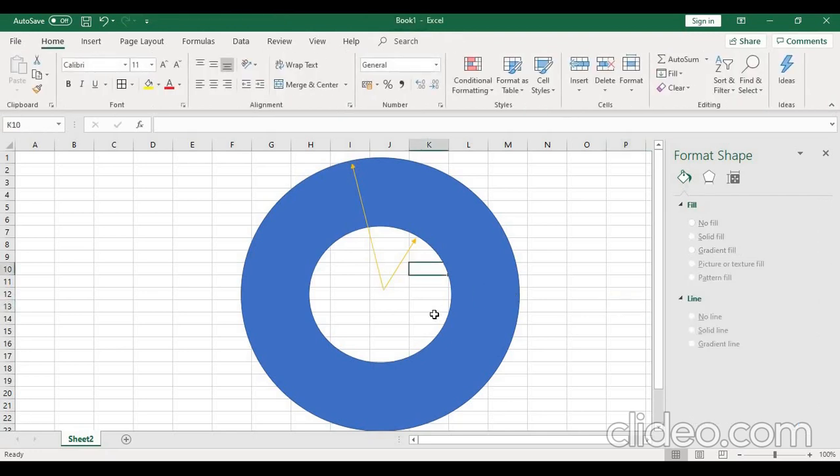So inner radius a, let it be some value, let's take it as 4. Of course it can vary, so let me give it a fluorescent color. Similarly, the outer radius is denoted by b, let it be some other value, 12 or something like that.